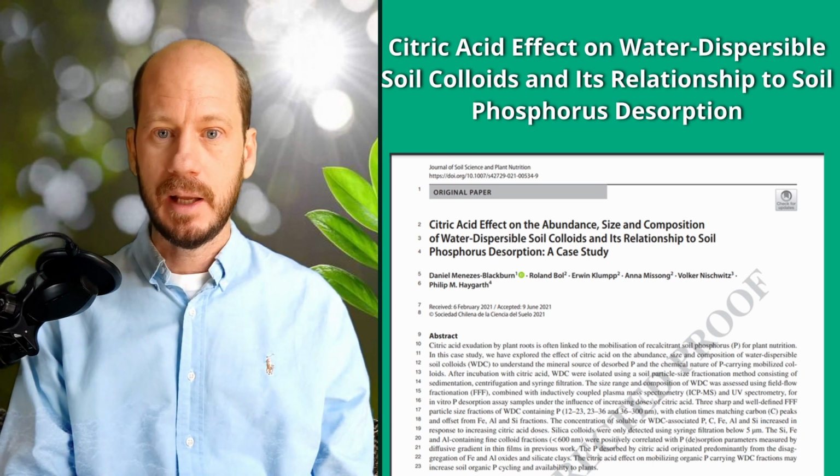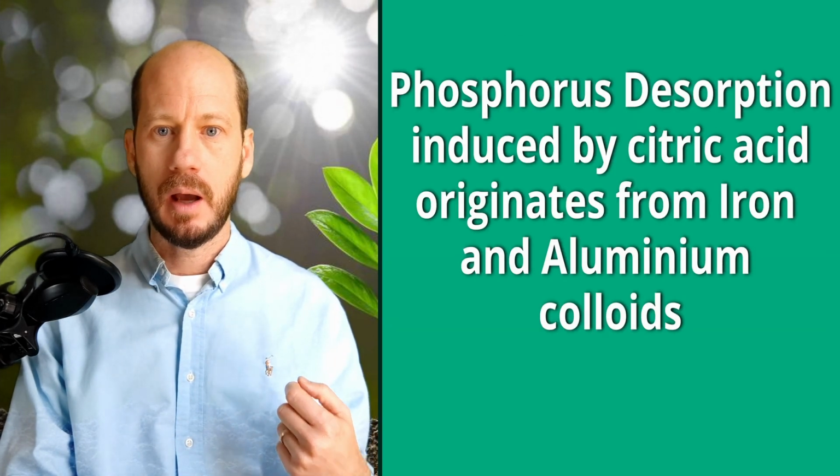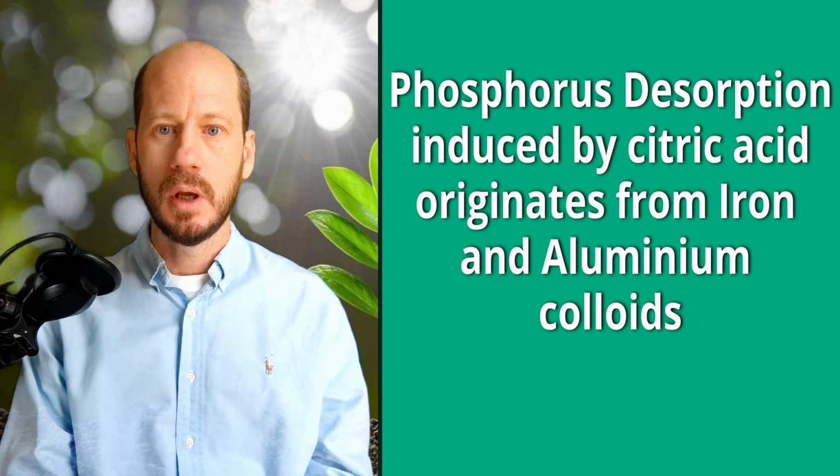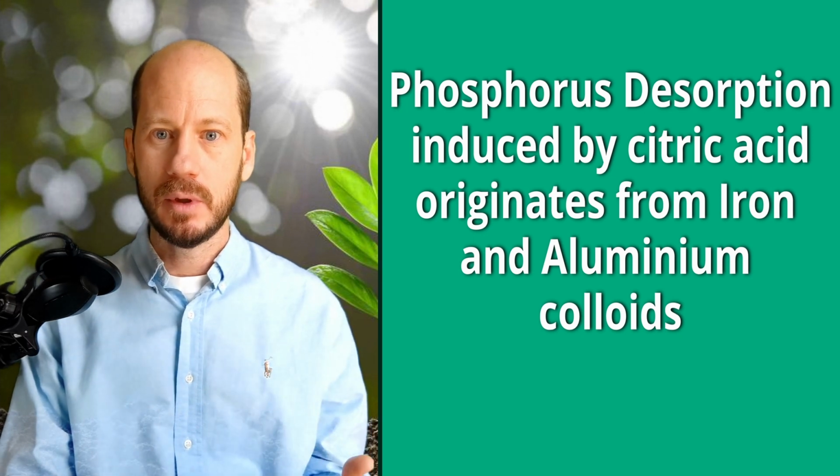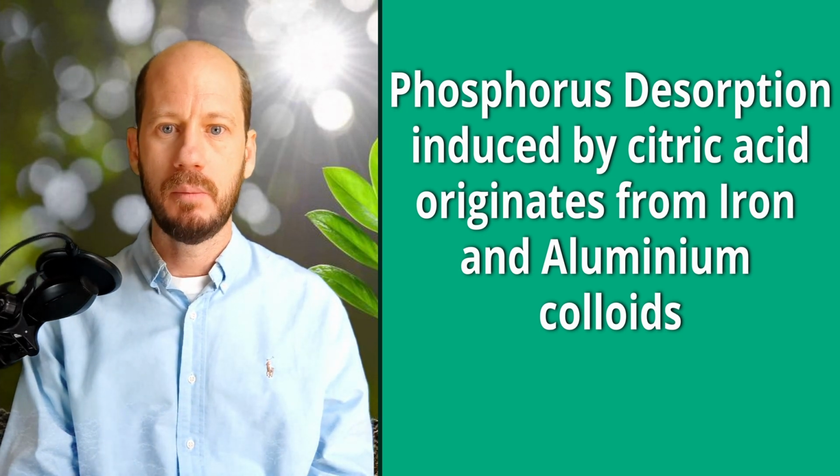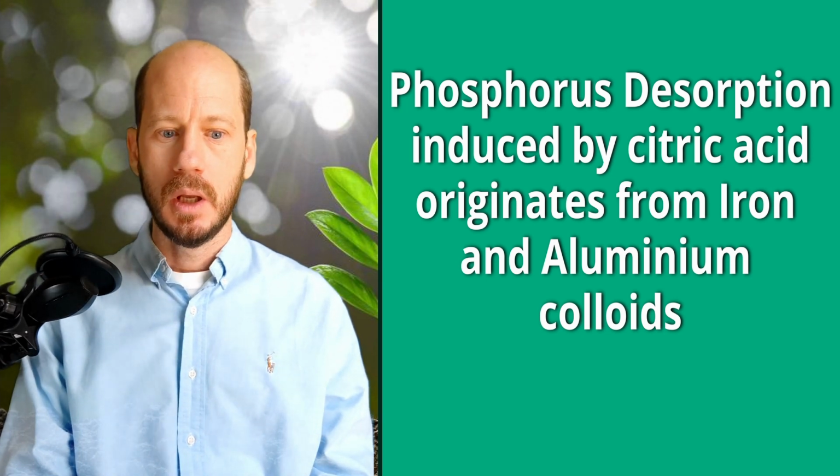Our main finding was really showing the link between this phosphorus desorption from iron and aluminum particles, and this is as a direct response to the presence of citric acid in the soil solution.